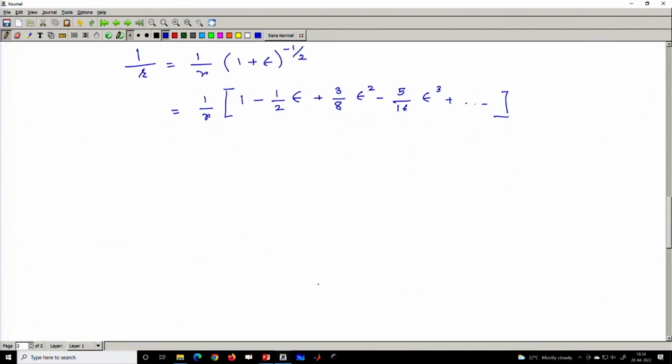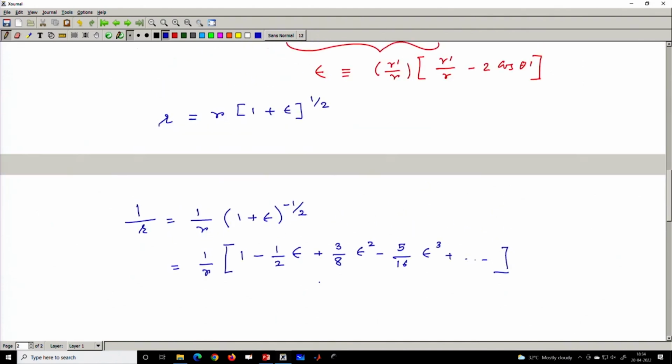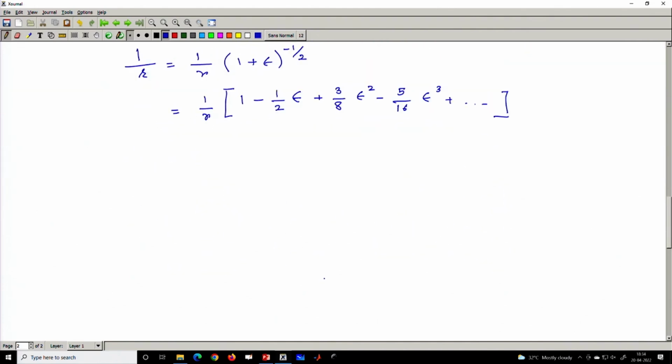Now, I can put the value of the epsilon here, and if I do that, then I should get some terms which are very interesting. Why it is interesting, we are going to discuss. So, let me write it.